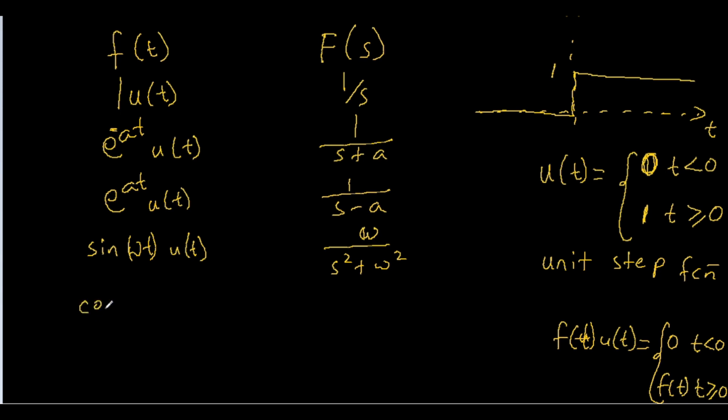And you have cos omega t u of t giving us s over s squared plus omega squared. You could verify each one of these by running through the integral.